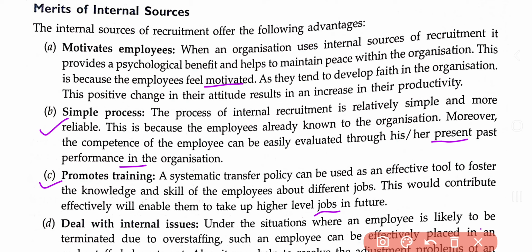Like earlier you were a sales executive, now you have become a sales manager, or you have become the department head. So obviously your responsibility will increase. As responsibility increases, what will happen? You will learn newer skills for which you will be trained. This will also add to your skills, right? So that is why it is said that internal recruitment promotes training.